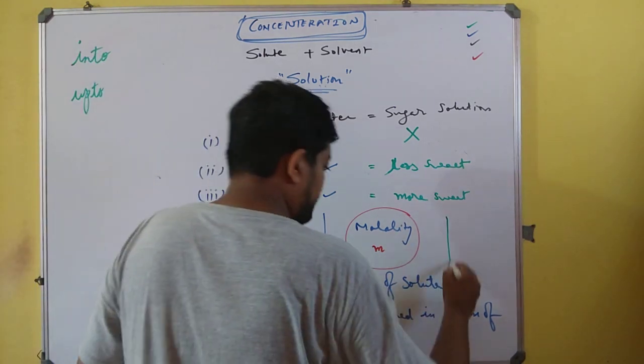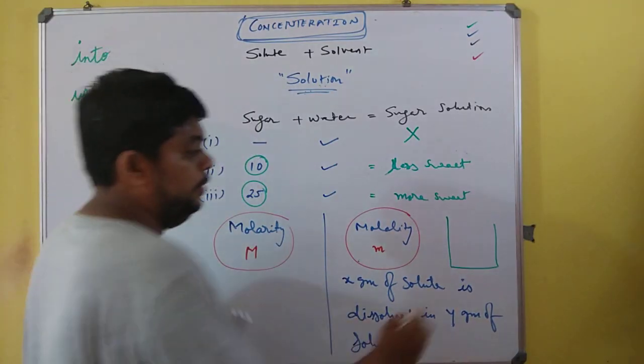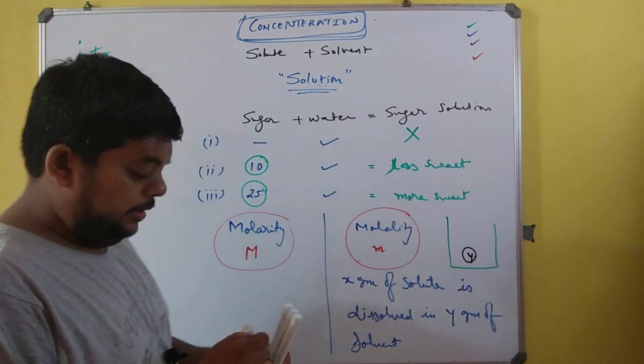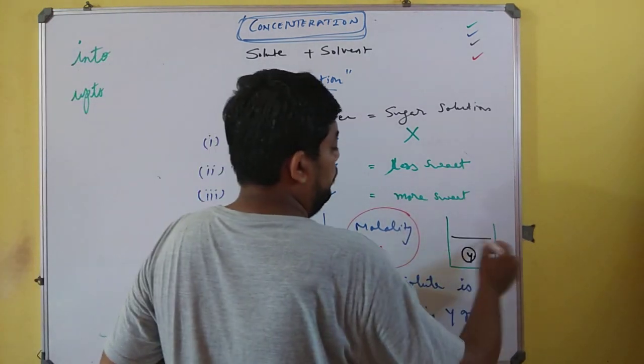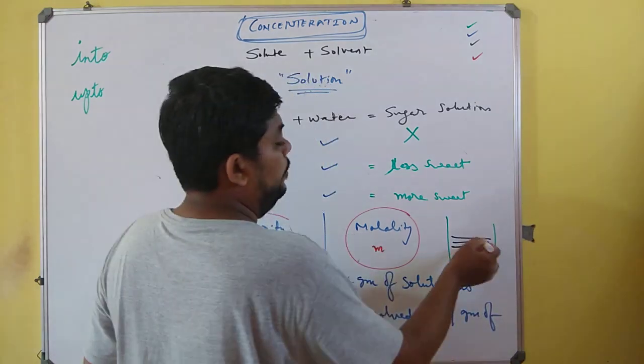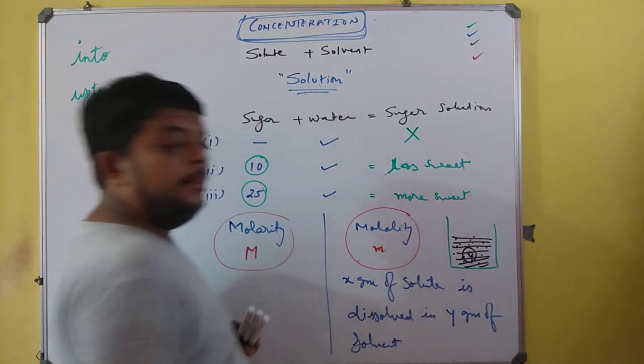It means in a particular vessel, I should have y gram of solvent, and in this y gram of solvent I will try to dissolve x gram of solute.